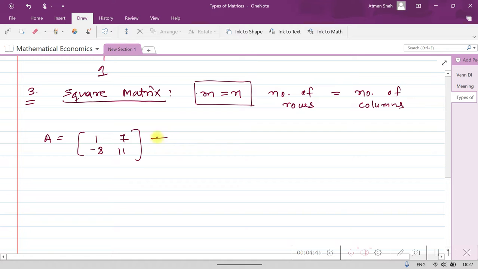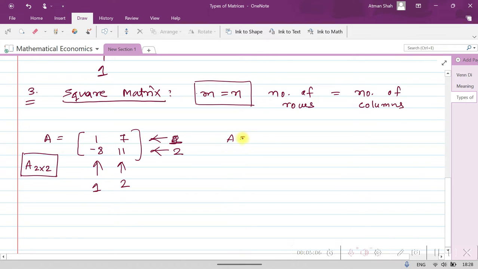So here you can see we have 2 rows, row 1, row 2 and 2 columns. So therefore the order of matrix A is 2 cross 2. So A is our square matrix because we have 2 rows and 2 columns.